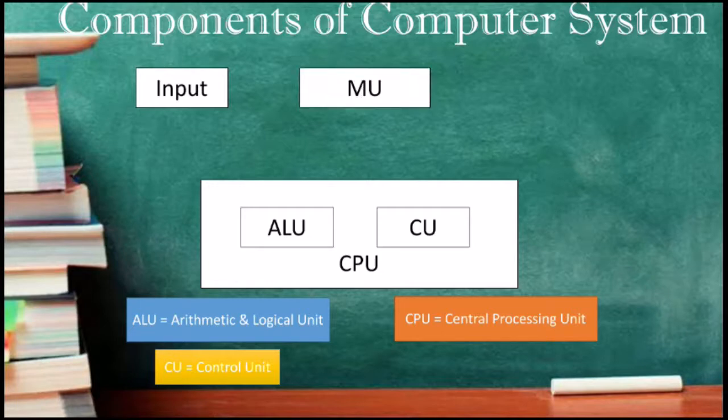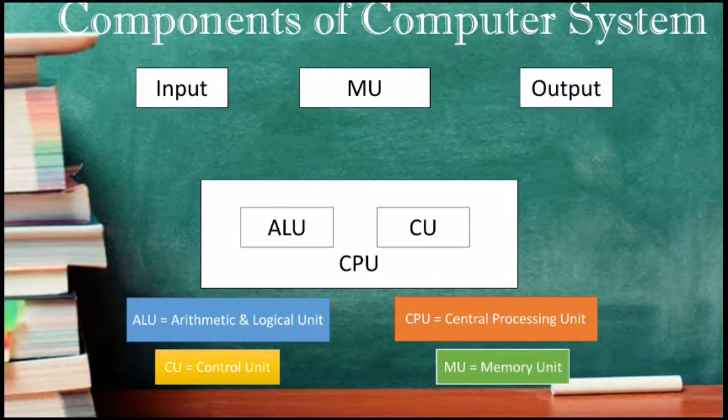Next one is MU, that is memory unit, and the last one is output unit. So now we will discuss each one of these in detail.